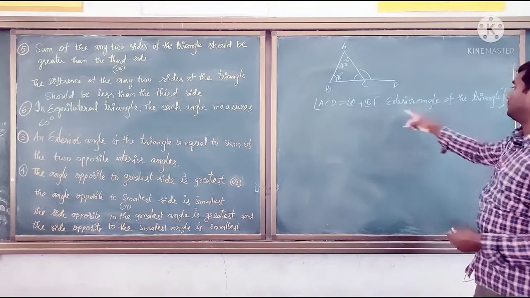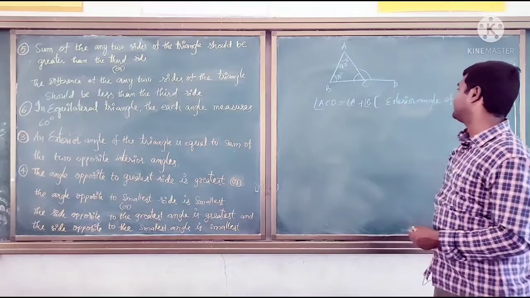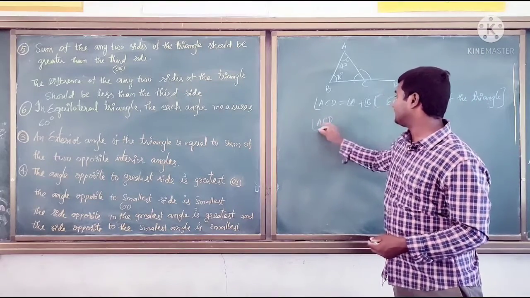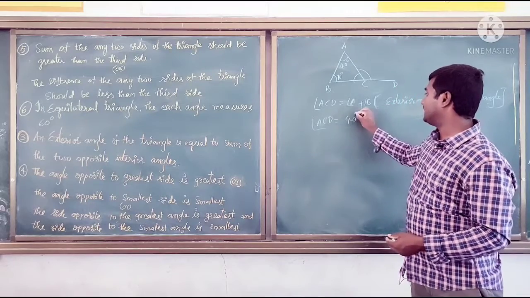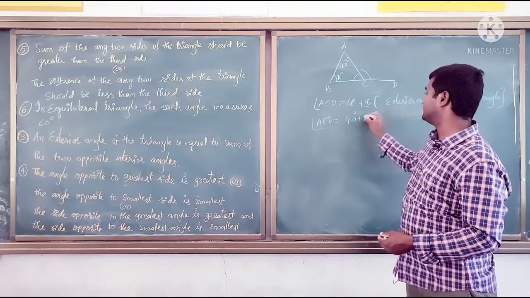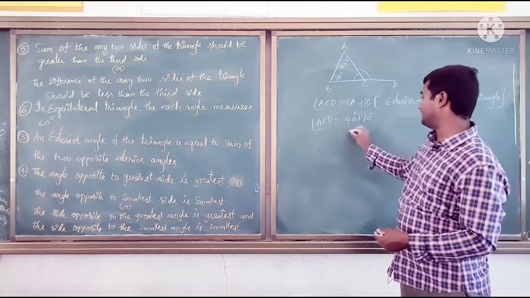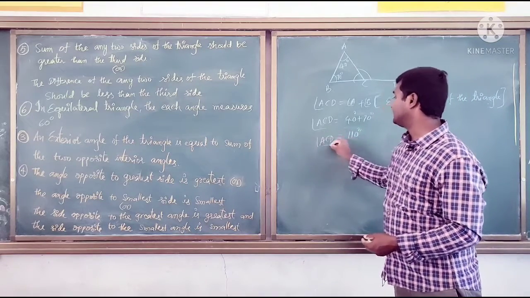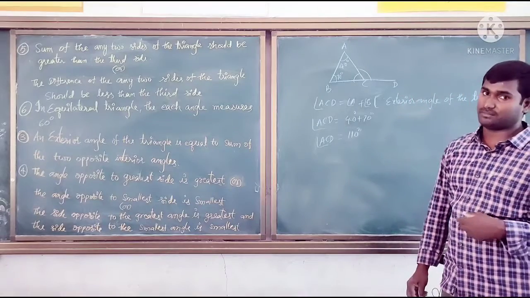Now, ACD equals, we can write, angle A is how much they gave? 40 degrees. Angle B is how much they gave? 70 degrees. 40 plus 70, 110 degrees. So angle ACD is 110 degrees.